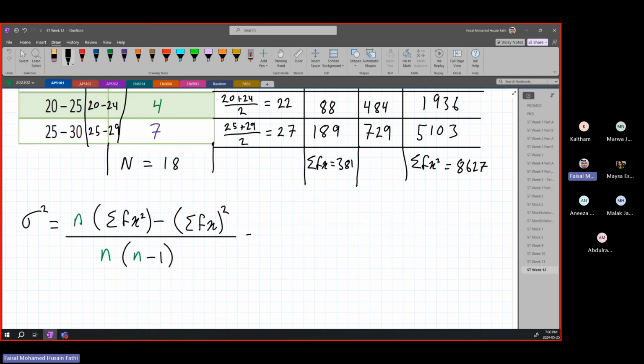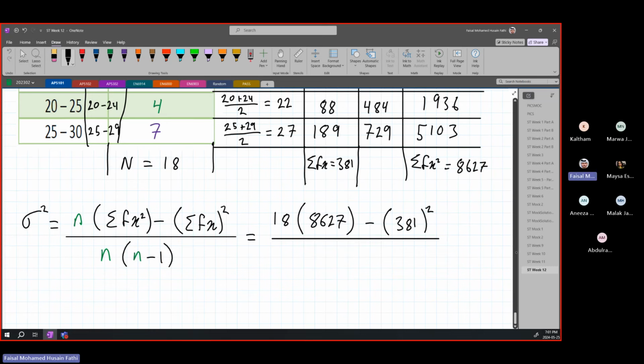So we found out that our n is equal to 18 times sigma fx squared, which is 8627, minus sigma fx all squared, which is 381 all squared, and 381 all squared all over n into n minus 1, which is 18 into 18 minus 1.